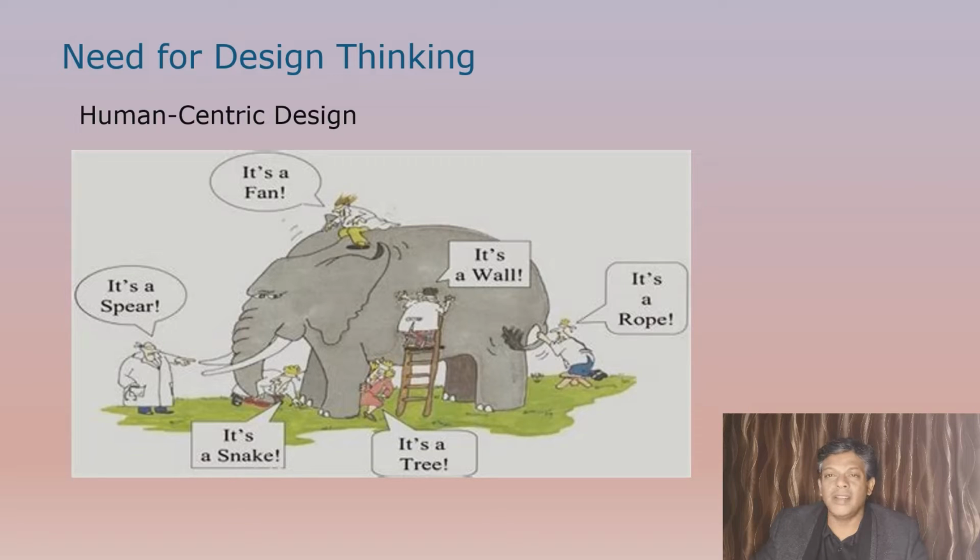And depending on the part of the elephant that they can touch and feel, each one gives a different opinion or presents a different perspective. Some say that it's a fan, looking at its ears, some say it's a spear while touching the ivory tusk, some say it's a snake, some say it's a tree, and somebody says it's a wall, depending on which part of the elephant they have touched.